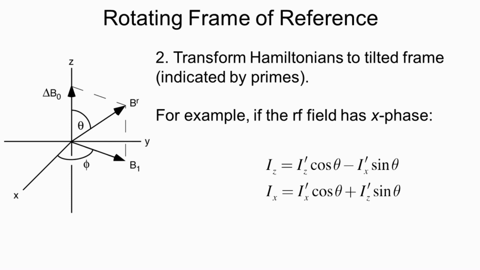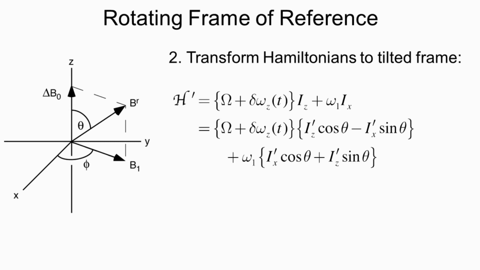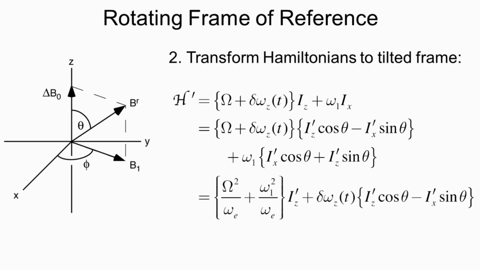So I can use these new projections to see what the Hamiltonian looks like in the new frame of reference by replacing IZ and IX with their projections into the new reference frame. So that's done here. And then I start collecting up like terms.